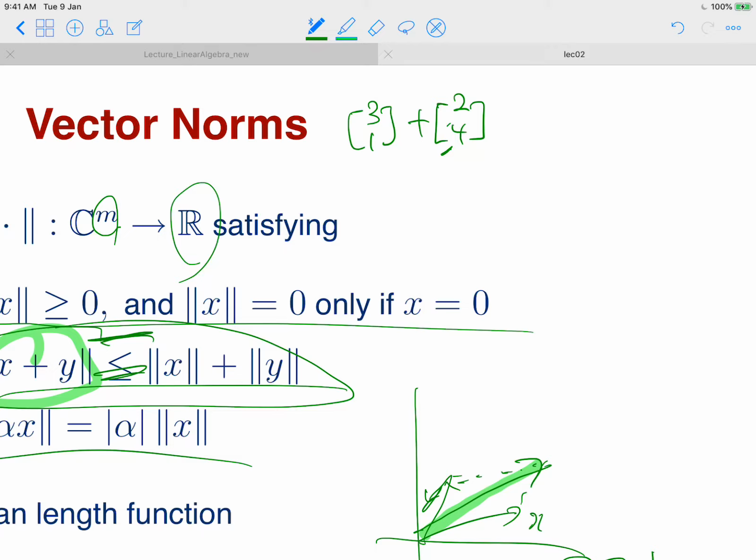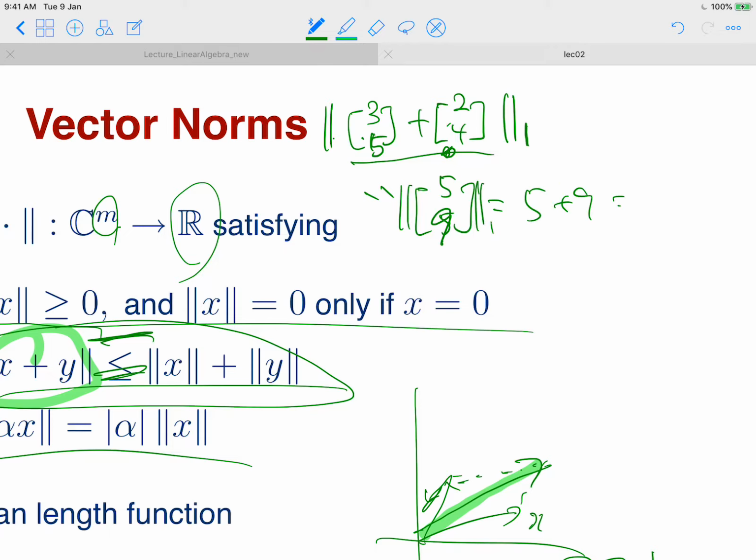Okay, so in this case, how do we compute the 1 norm? In this case, the L1 norm is 5, let's just change it as 5, and then it will be 9. And then the 1 norm will be 5 plus 9, which is 14, right? And then this guy is the norm of having 8 and 6, and so it's 14, right?